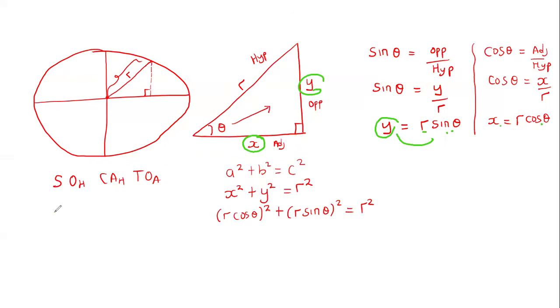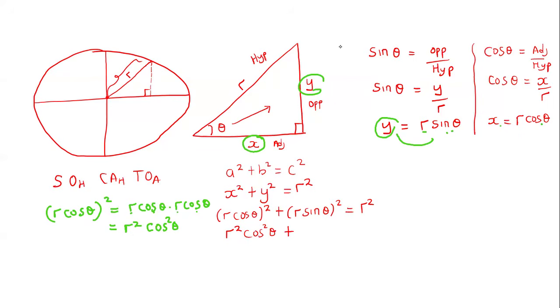Now, mathematically, you know that when I have r cos theta, everything squared, this is the same as r cos theta times r cos theta. So what shall we have? r times r will give us r squared. Cos theta times cos theta will give us cos squared theta. So here I'm going to remain with r squared cos squared theta plus r sine theta, everything squared.